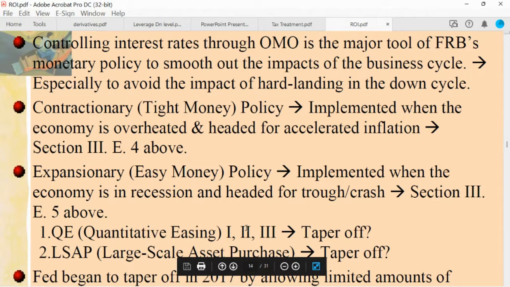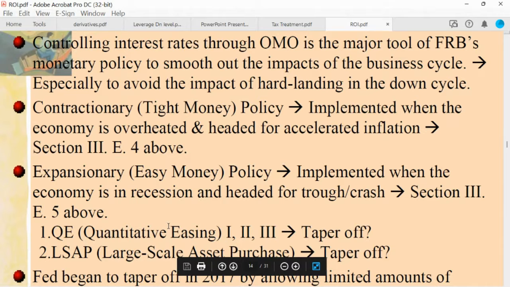Since the financial crisis of 2008, we've had four instances of implementation of expansionary monetary policy. I put only three there. It was called quantitative easing.